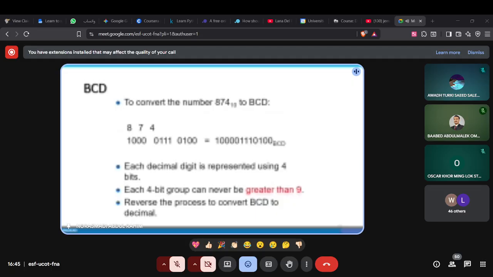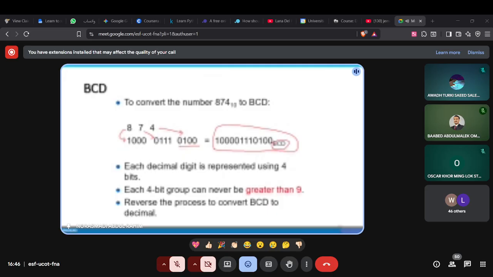To convert the number 874 to BCD, if 874 is normal binary, so 8 is equal to 1000, 7 is equal to 0111, in 4-bit forms, and 4 is equal to 0100, and just combine together. You get the answer in BCD.